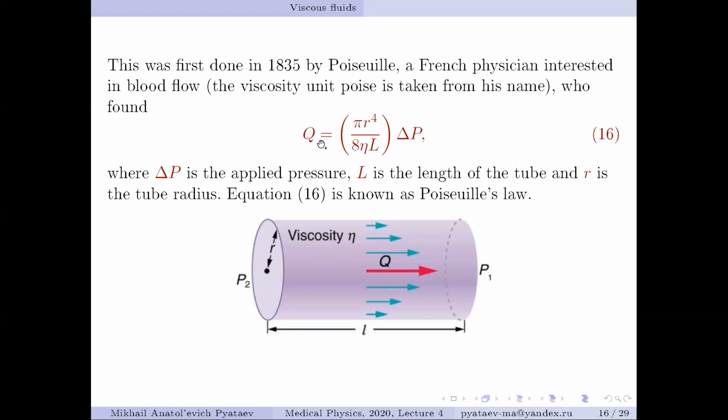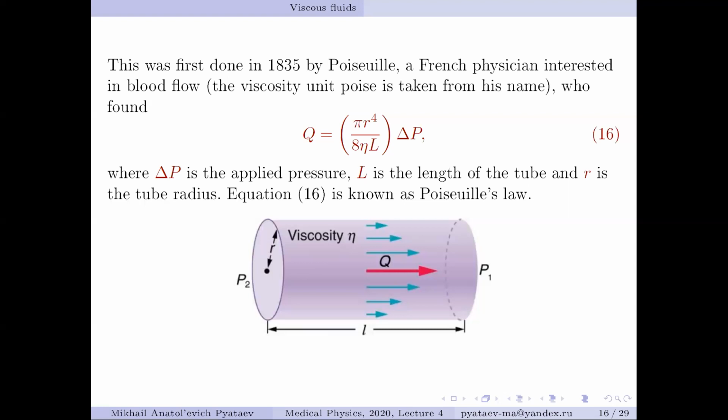And you see that, for example, if we discuss blood, and the viscosity increased for some reason, for example, if a person has a massive loss of liquid, the liquid is lost, the blood cells remain in the blood vessels, and blood becomes very thick.